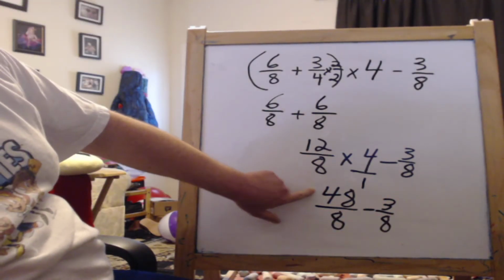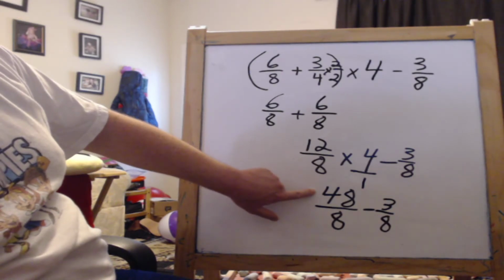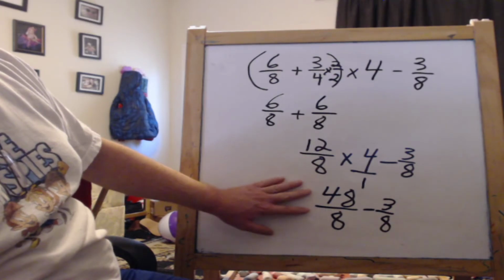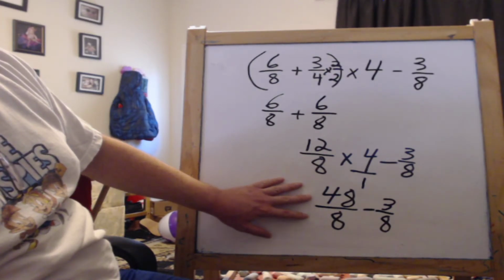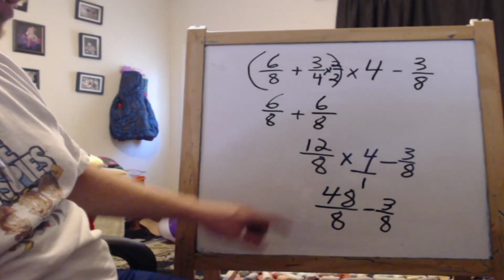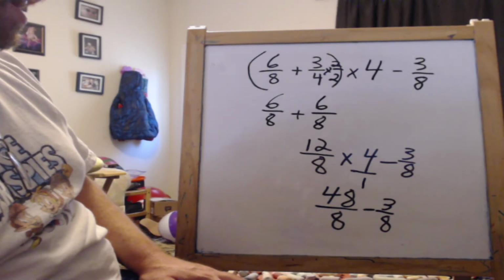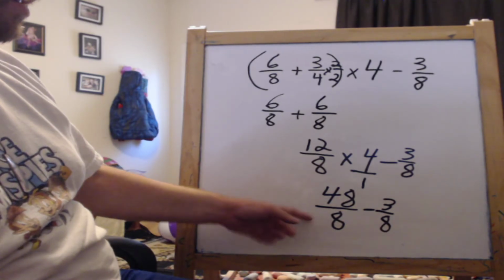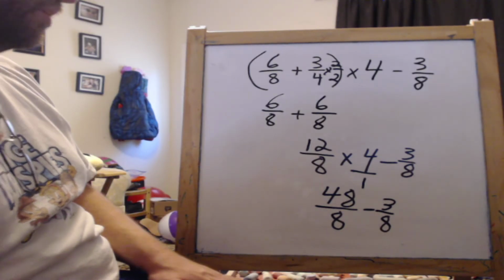Now, what is 48 over 8 equal to? Now, we can actually do this in 2 ways here. But 48 over 8 is actually equal to 6, right? Because 48 divided by 8 equals 6.